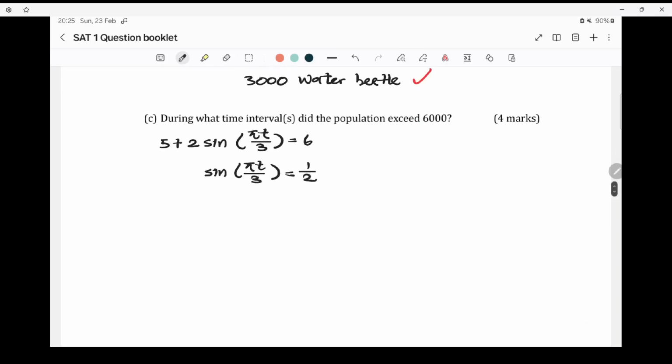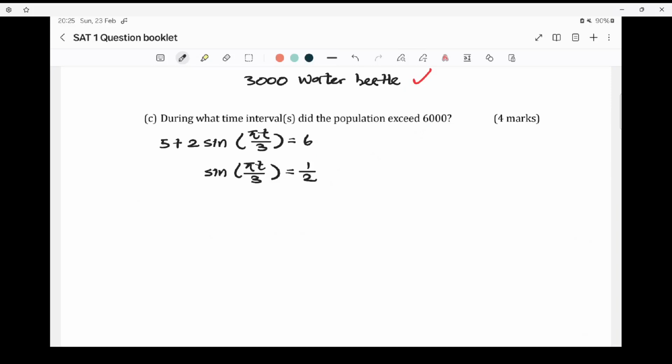So now you need to look at these solutions. Over here, I don't really need to write this. Technically speaking, you can, but it will just cause me more trouble.